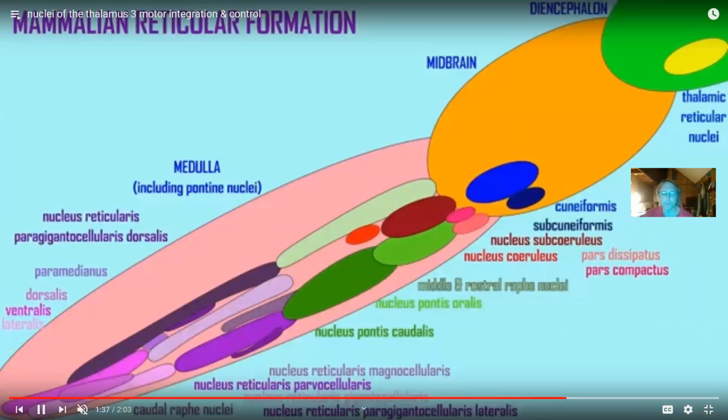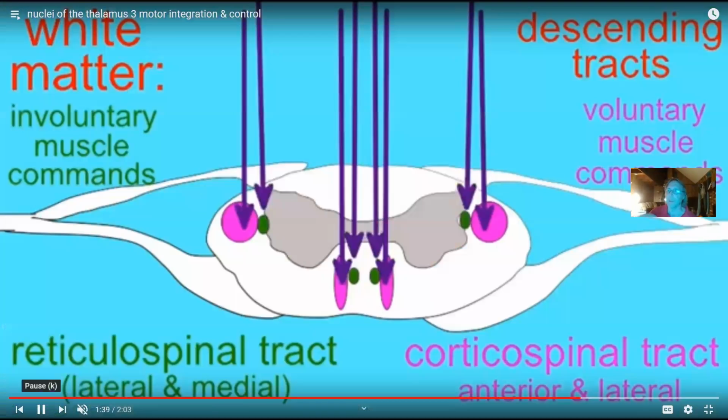And when we speak of motor function, a lot of the involuntary motor actions which we do, say through the brainstem, are governed by what's called the reticular formation, a diffuse set of nuclei throughout the brainstem.